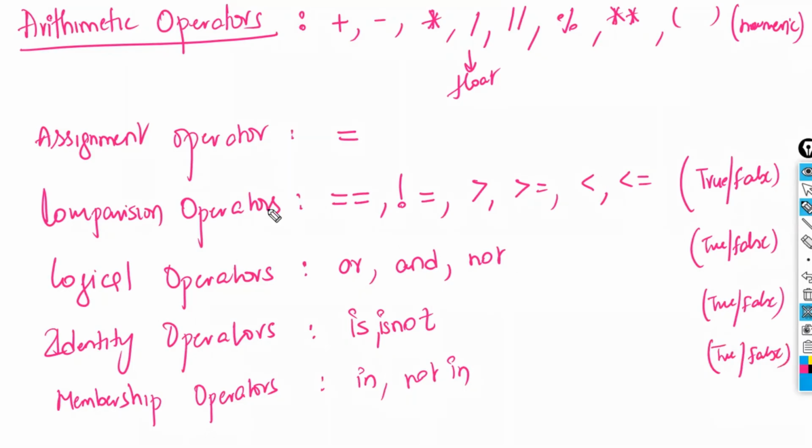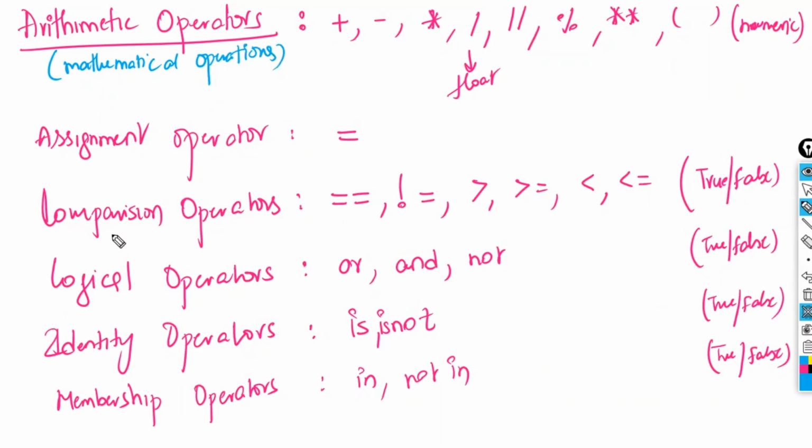So the meaning of arithmetic operators is to do the mathematical operations. Okay, we have to do the mathematical operations.